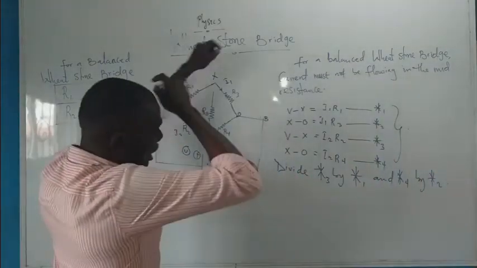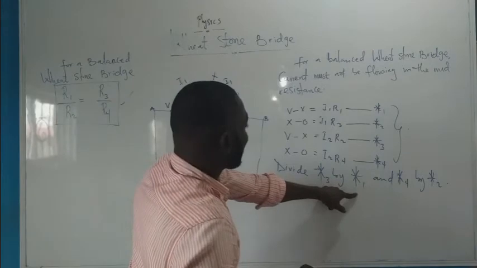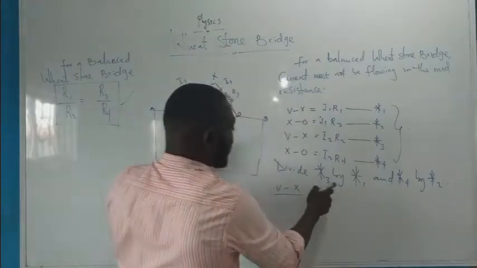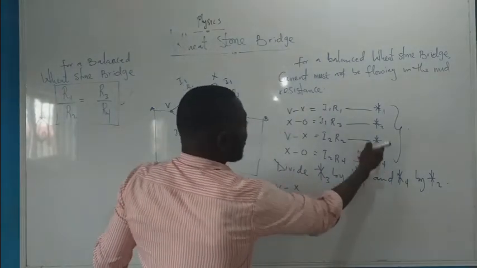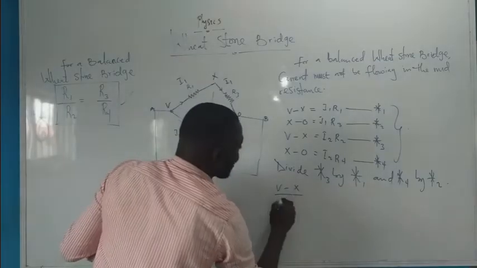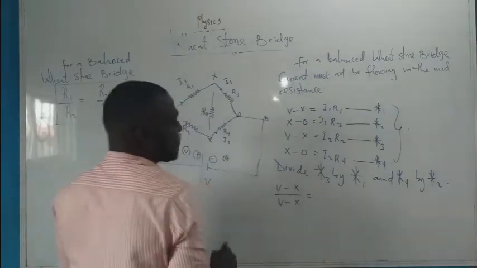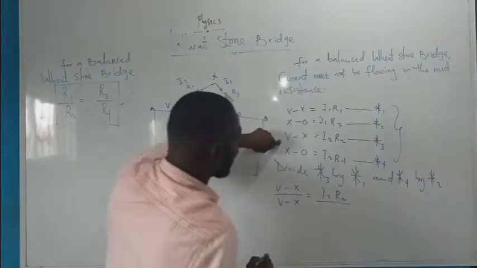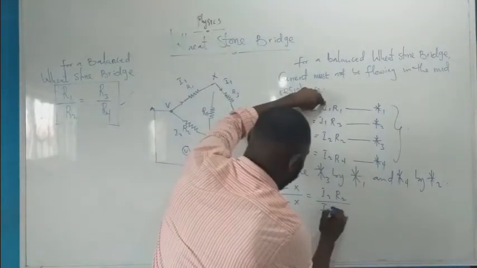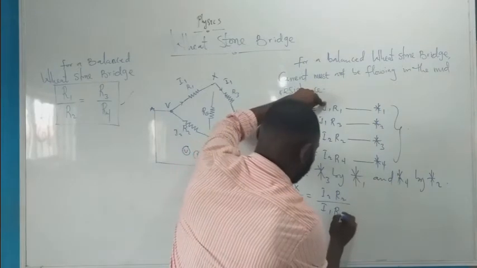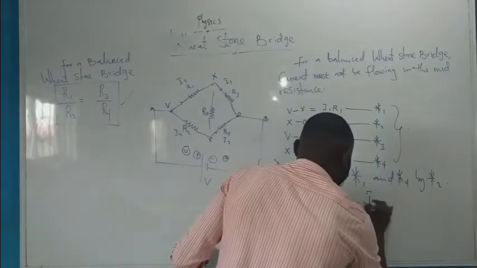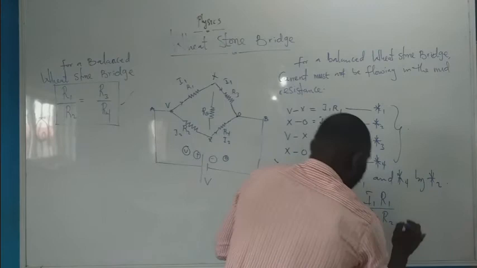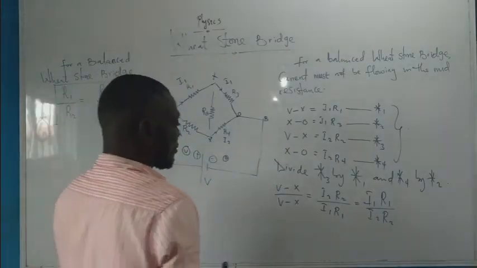So we have asterisk 1 by asterisk 3, that's V minus X over V minus X equals I1 R1 over I2 R2.